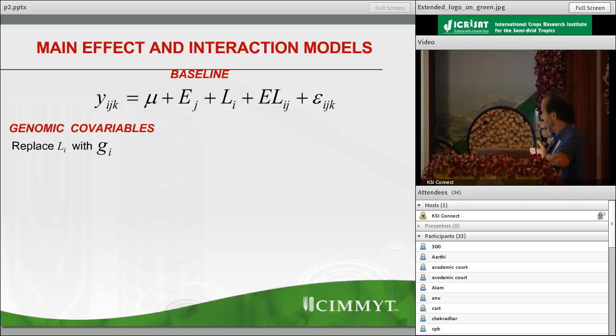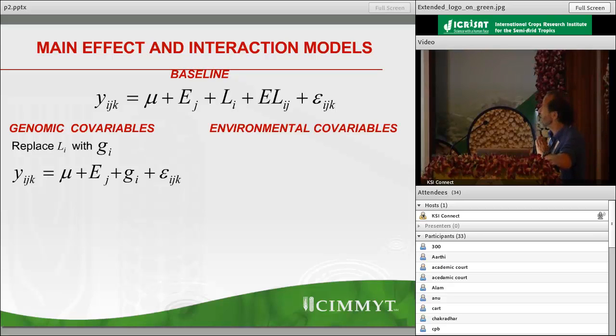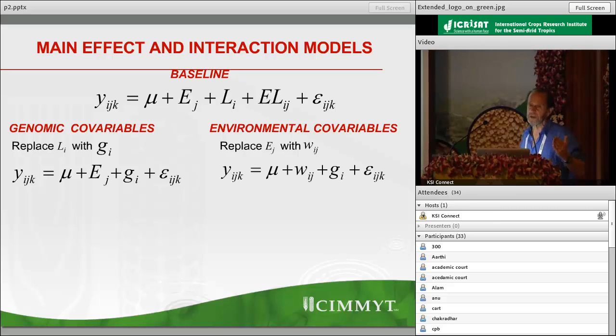So we replace L, the lines, with G, which are the genomics, the markers. So this is our model. Now instead of having L, we have G. Instead of having the environments as an index, environment 1, 2, 3, and 4, we just use environmental covariables, and we replace E in this model with some environmental covariables that someone has collected.